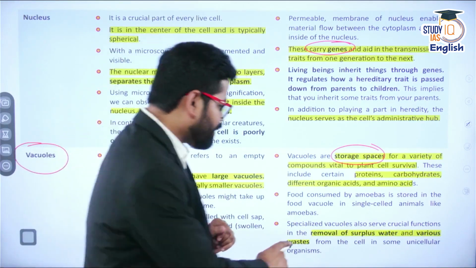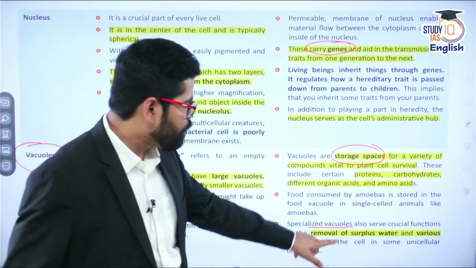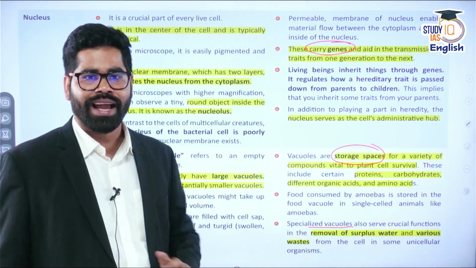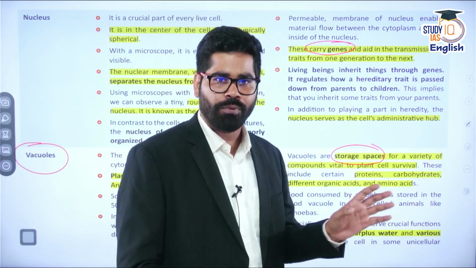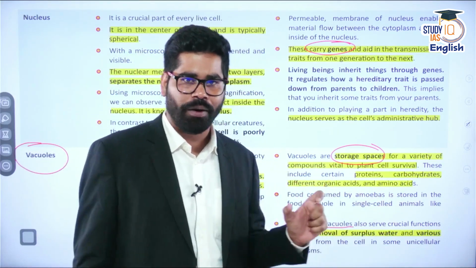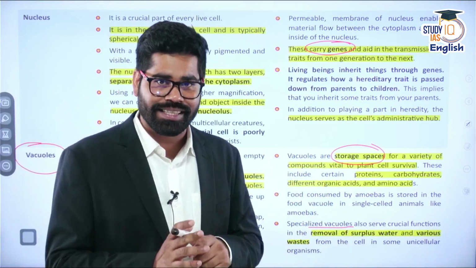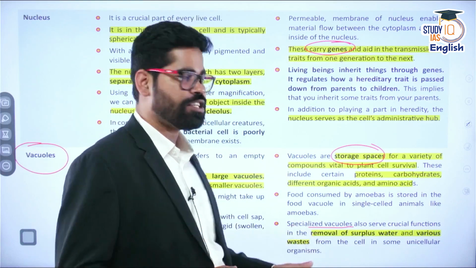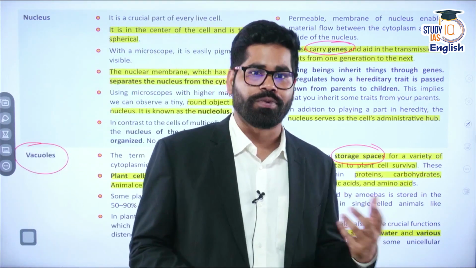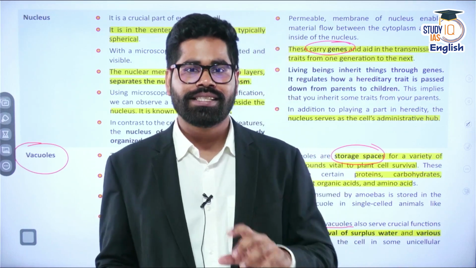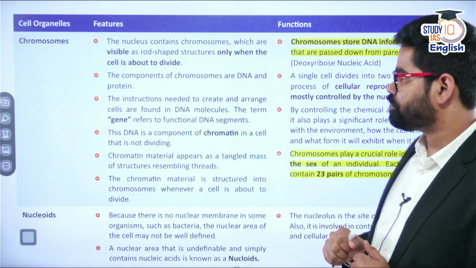Then there are certain specialized vacuoles, and they help in removal of surplus water and various waste products from the cell. So on one hand, they perform the task of being a storage system inside the cell. They also have a specialized function like removal of surplus water or waste material from the cell. So that is the role of vacuoles in the cell structure.